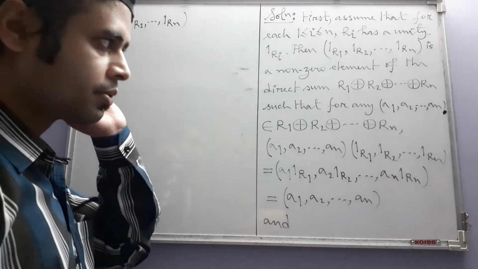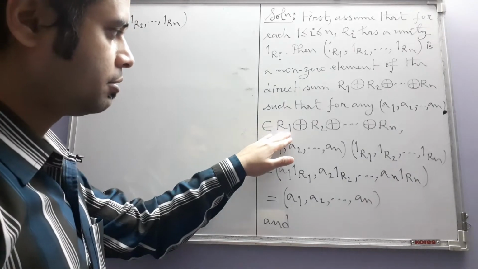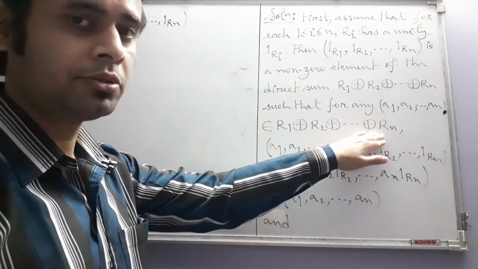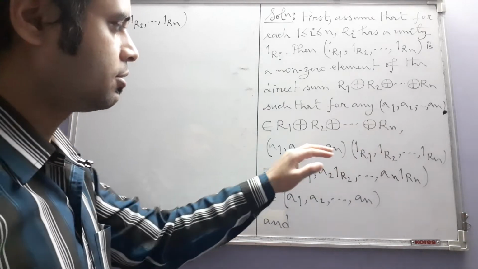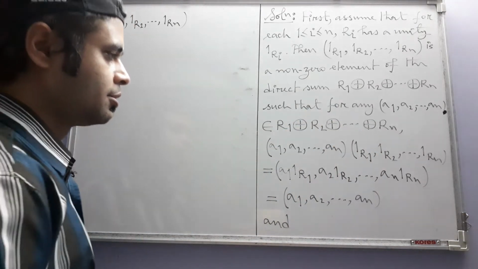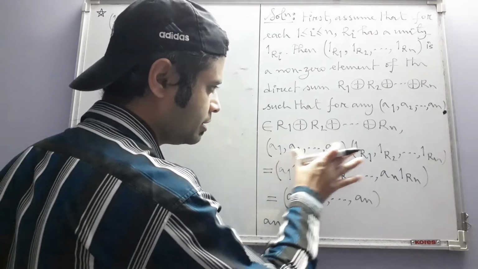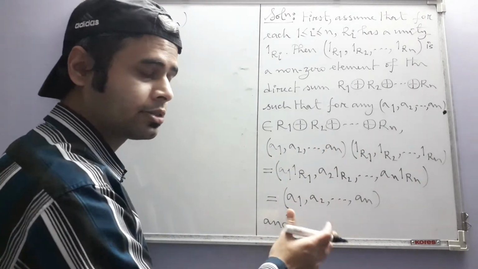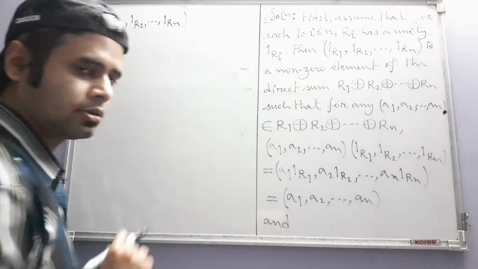See, we are not told about the commutativity of these rings, so we don't know whether this direct sum is a commutative ring or not. So not only do we have to show that this times this is equal to this, but we also have to show that this times this is also equal to this.